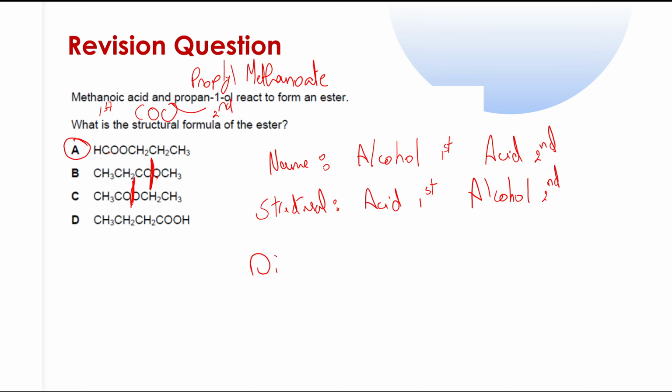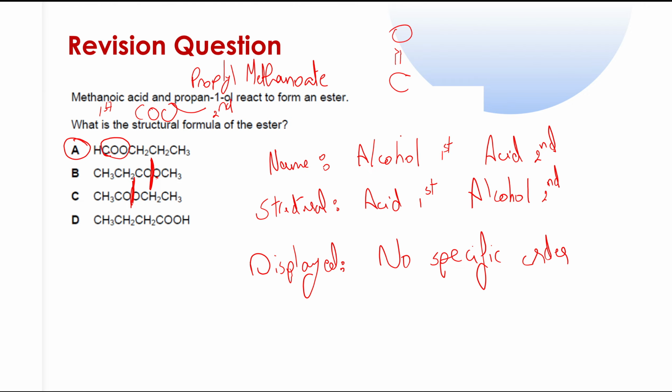For the displayed formula, the one showing me the bonds, there is no specific order. And remember that you can deduce that the acid comes first because the functional group written in the structural formula way is COO, with the carbon being the one of the C double bond.